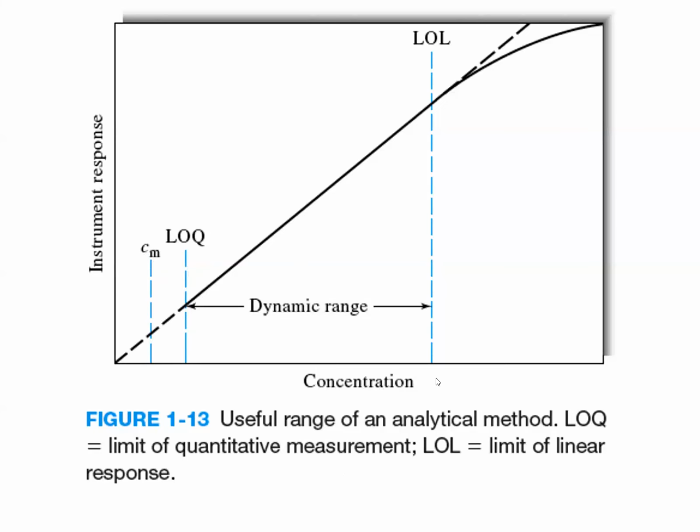On the x-axis is concentration. Now, you notice the limit of linear response. Beyond here, it starts to fail. It's no longer linear. So the range between LOQ, limit of quantitation, and LOL, limit of linear response, this range here is what we call the dynamic range between those two. So it's the linear range of the calibration curve.